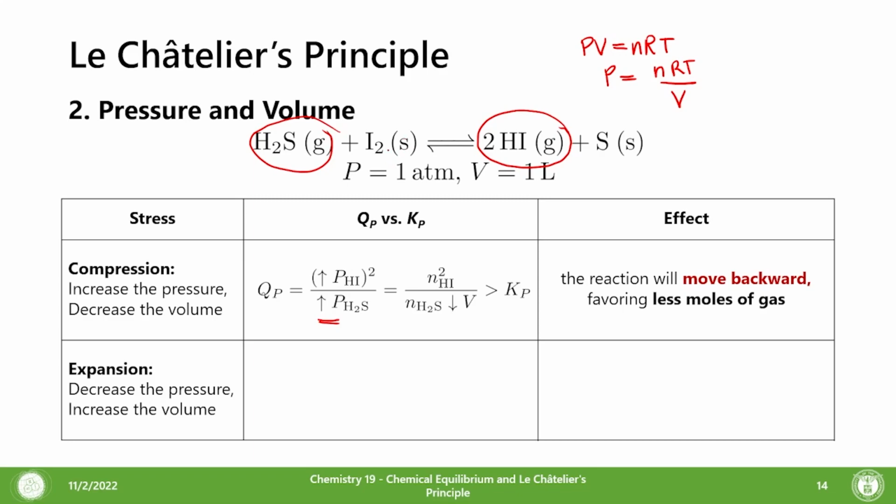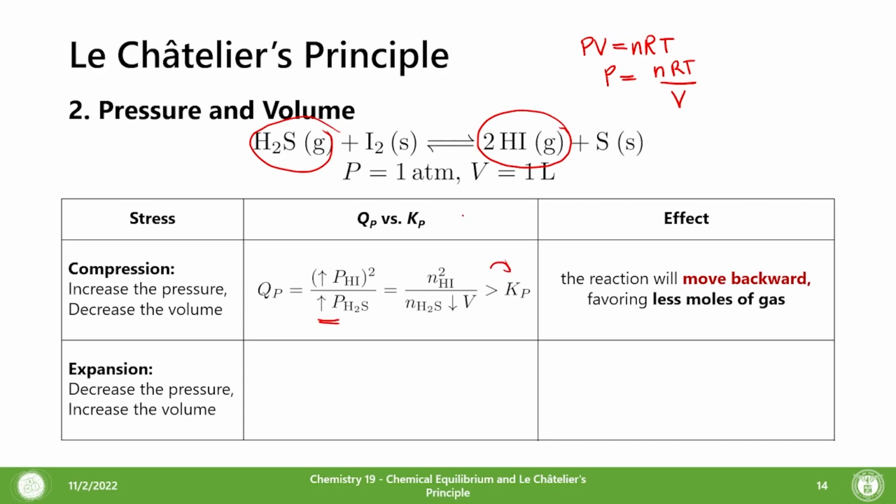If we increase the pressure, then it will favor the reaction that will give us fewer moles of gas, so it will move backwards. Okay? So if we decrease the volume, then in order to compensate for that, we also have to decrease the amount of moles in return to go back to Kp.